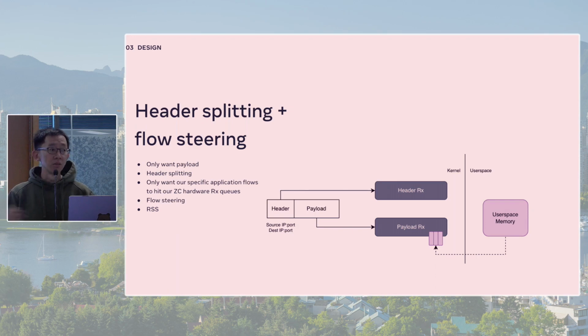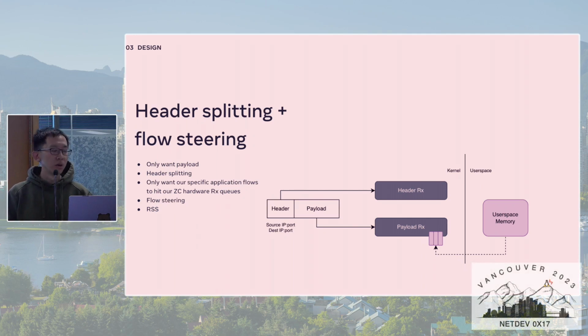To make sure only the flows we want enter, we use flow steering to get the flows we want into the RxQs, and then we use RSS rules to stop the other flows from being hashed into our zero copy RxQ.